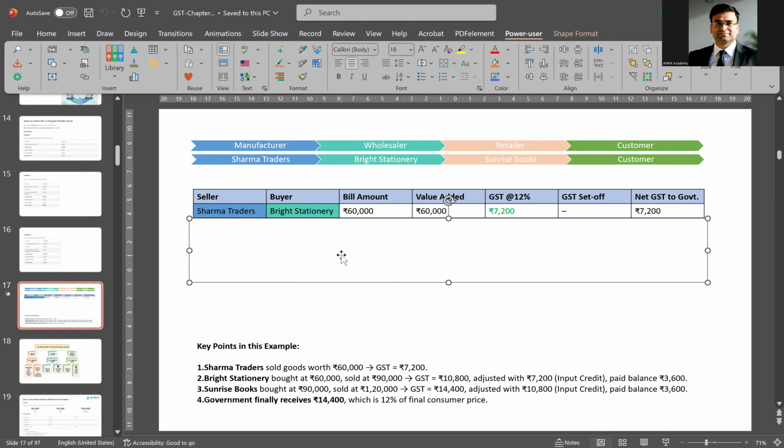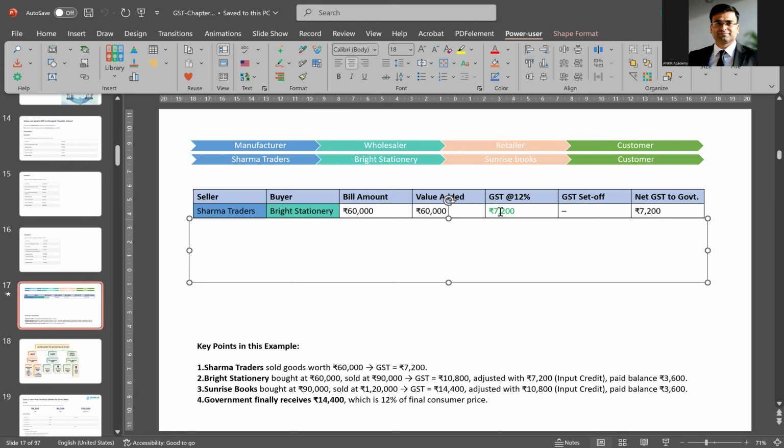Sharma Traders is the seller, the manufacturer, if you see from the color, and it sold the goods to Bright Stationery. He is the buyer. Okay, and the bill amount is 60,000. So in this case, because he is the manufacturer, the entire value becomes the value addition, right? So let's assume the GST percentage is 12%.